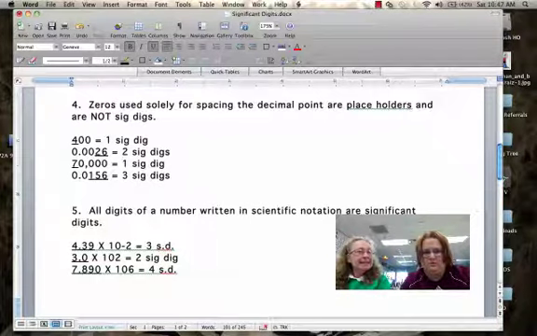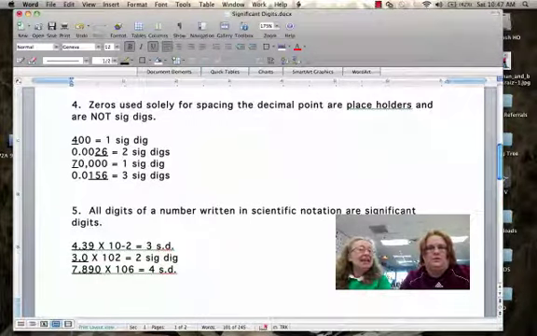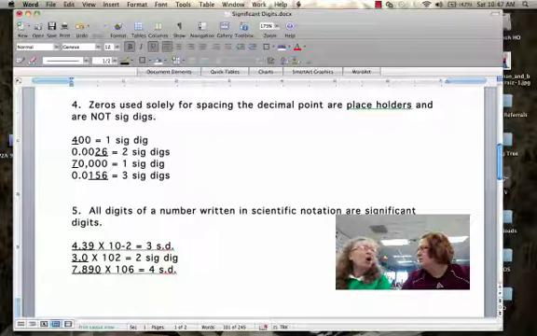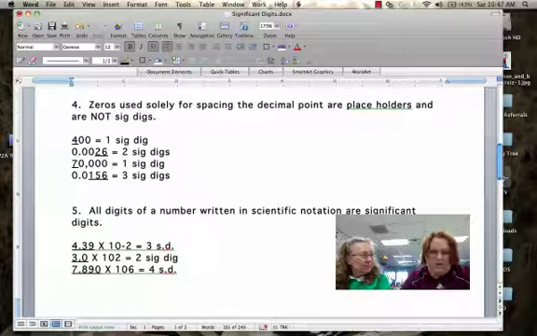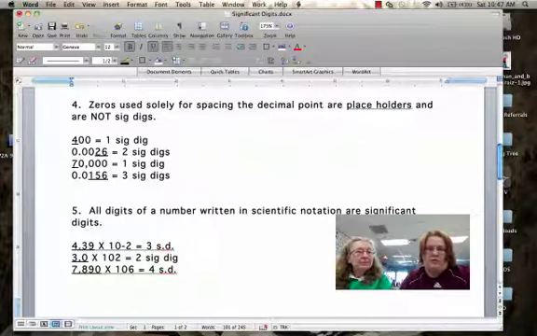So in this case, we actually only estimated to the hundreds, because all measurements have to have all the digits you know for sure and one estimated digit. And because there's only one digit there, I know that the 4 in 400 is an estimated digit. So it's about 400.